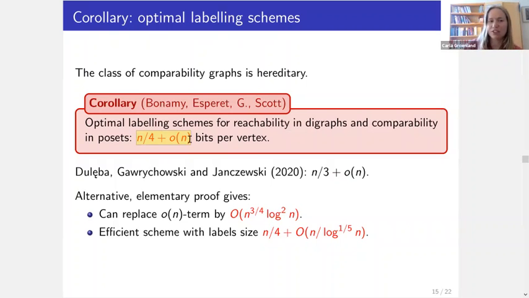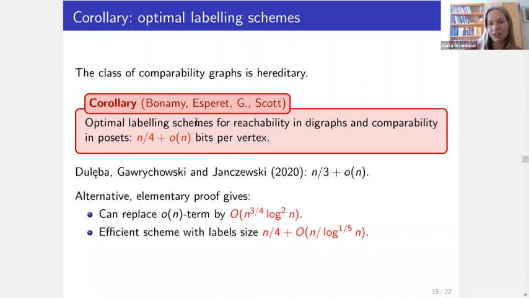Our main result immediately implies this, because we can consider comparability graphs, which is a hereditary graph class. There was a known way to reduce adjacency labeling in comparability graphs to comparability in posets, and that again to reachability in digraphs. So those optimal labeling schemes we all get for free from our main result.